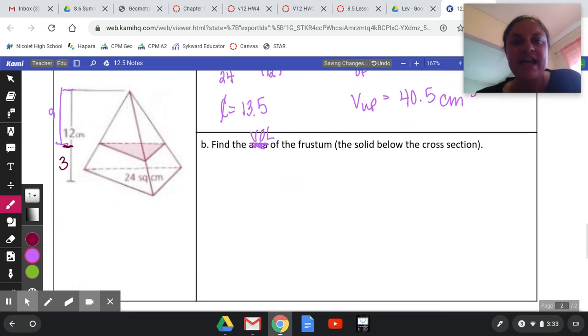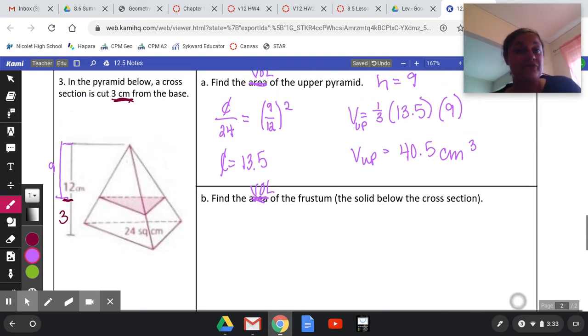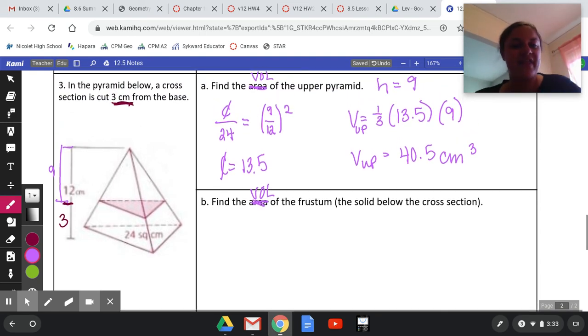All right, next, I want to find the volume of the frustum, the solid figure that is below that cross section. It's still part of the overall pyramid, but it is just that bottom portion that lies underneath the cross section. In order to find this, there are two things that I need to find.